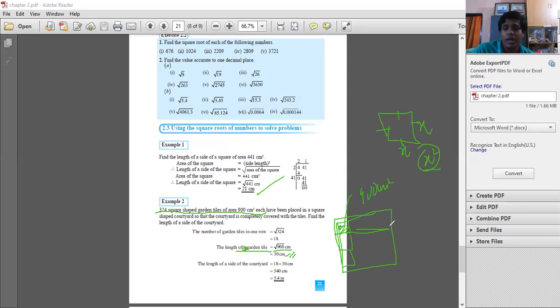Again, taking the square root, we get x tiles in a row. So x into x will give you 324 tiles. To find that x, the number in one row, they have taken the square root. So 18.